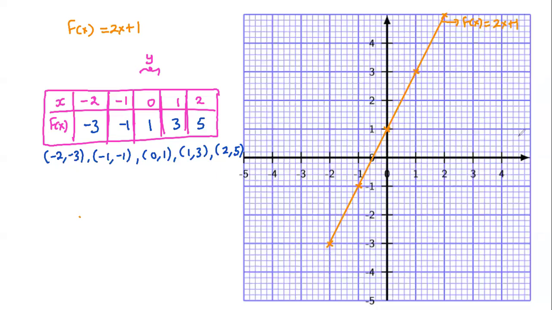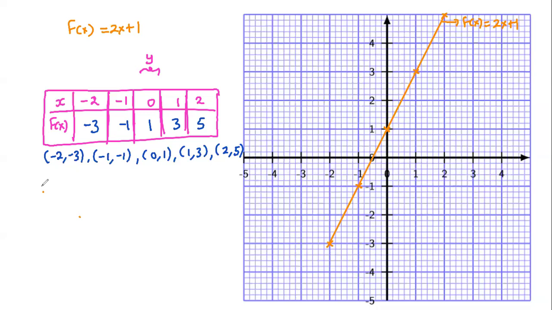Now, members, how do you know that it is actually a function? For us to test whether it is a function, we use what we call a vertical line test. For anything to be a function, the vertical line must intersect your graph at most once.